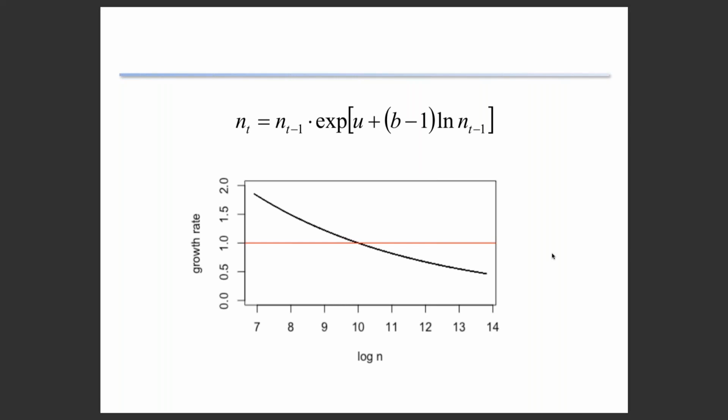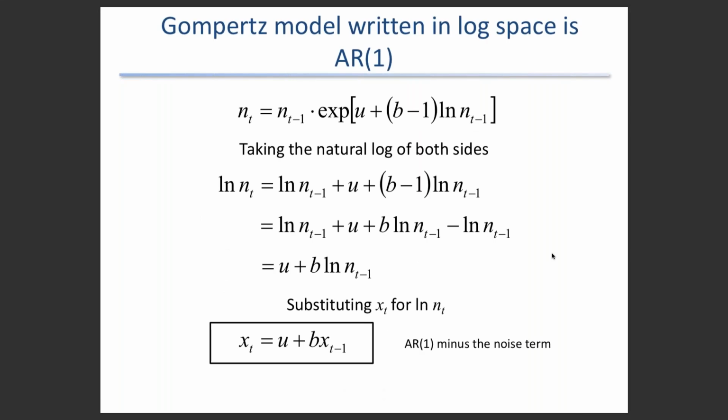So that's the form of the density dependence we are assuming. And if we take that and do a little bit of algebra, we take the log of both sides, this thing falls out here, and then we start moving things around.